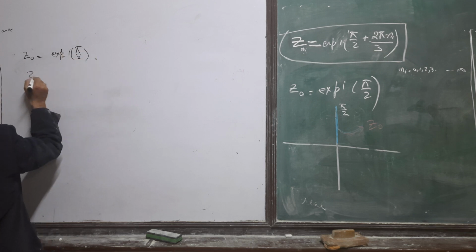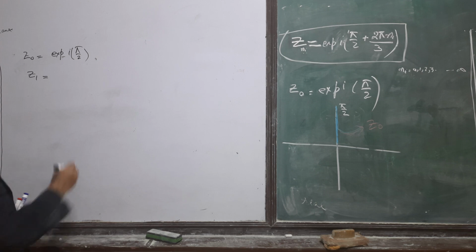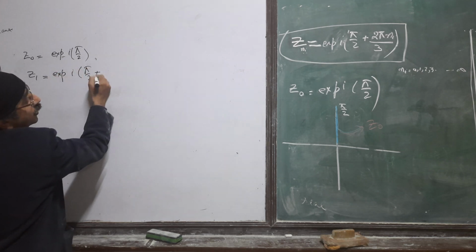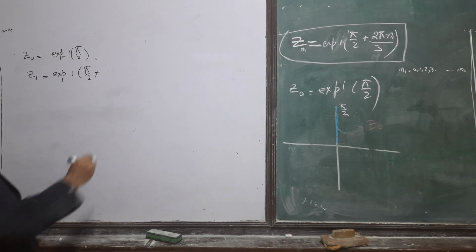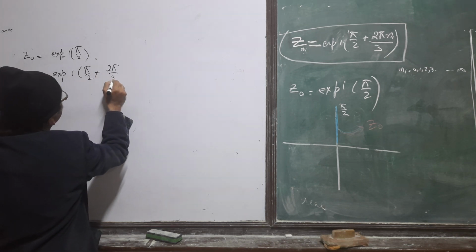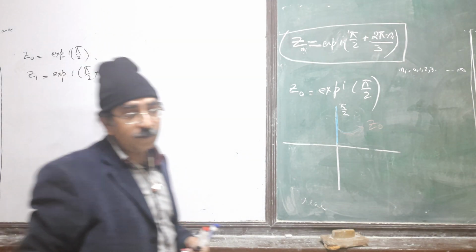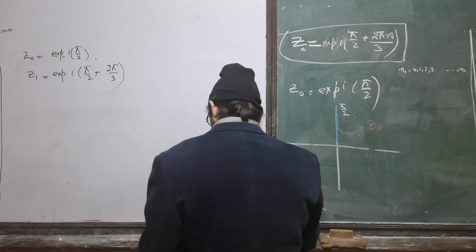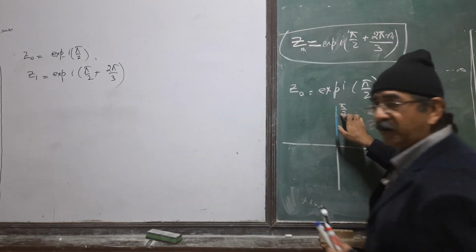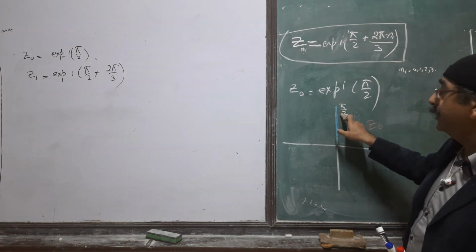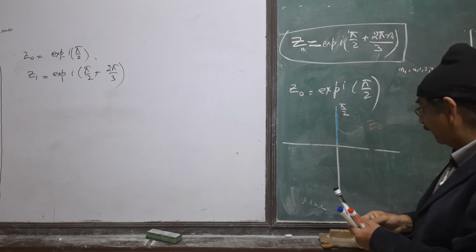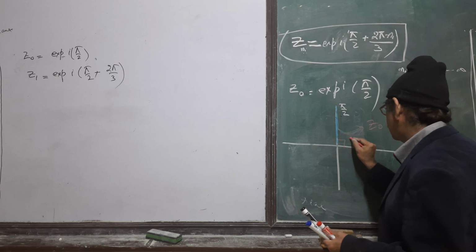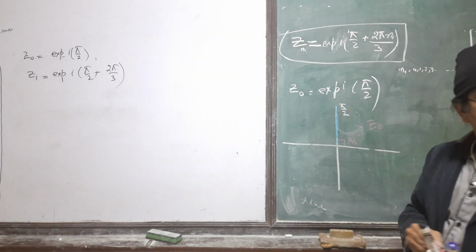Similarly, Z1 will be exponential of i(pi by 2 plus 2 pi over 3). This angle is pi by 2.